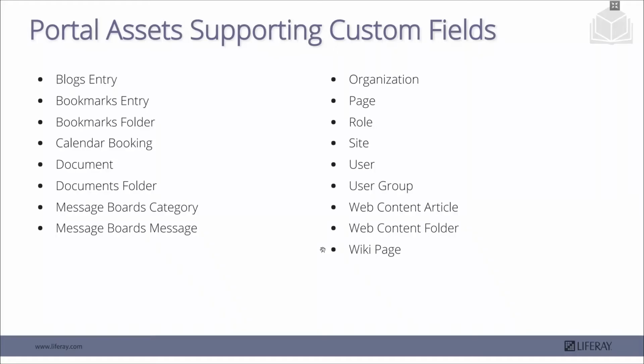When we're creating custom fields, it's actually pretty easy. Right here, we have a list of all of the different model entities that are fair game. These are all of the model entities that we can add a custom field to. So things like users, roles, a lot of different types of content, a page, a site, all of these different things allow for a custom field.